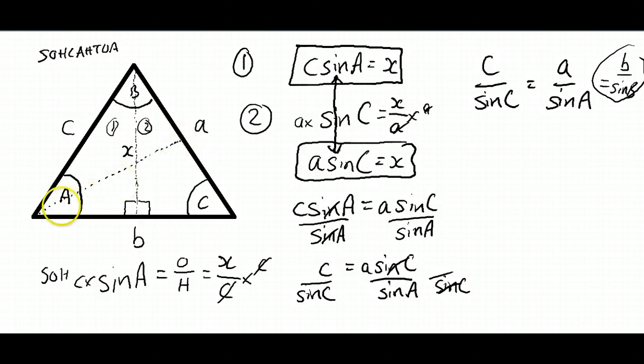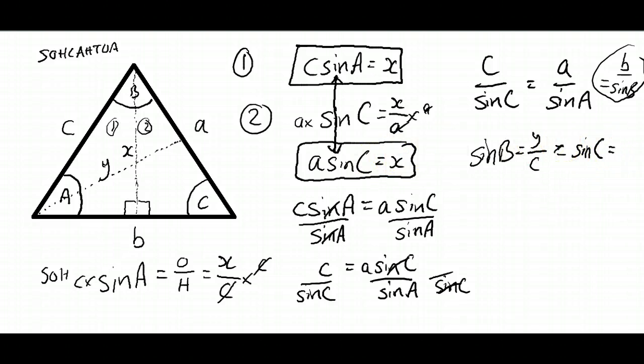Just split it down from this corner down to the middle of this line, and we're going to find that sine of angle B is equal to, let's call this new line Y, the opposite from angle B, divided by C, which is next to it, which is the hypotenuse.